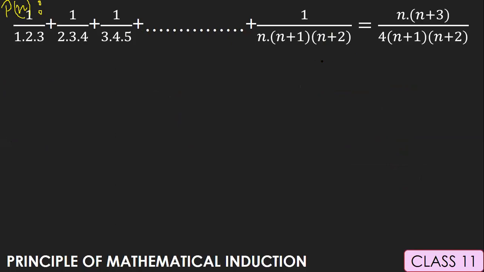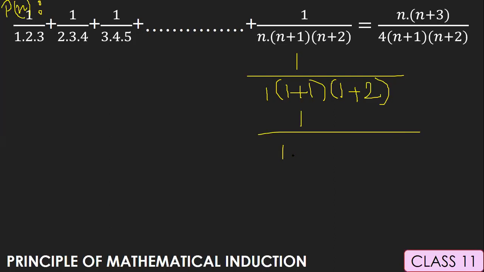For n is equal to 1, you would get 1 divided by 1 into 1 plus 1 into 1 plus 2. So you would get 1 divided by 1 into 2 into 3, that would be 6.